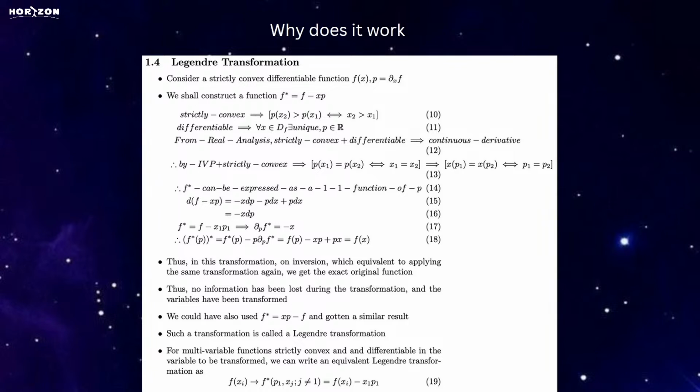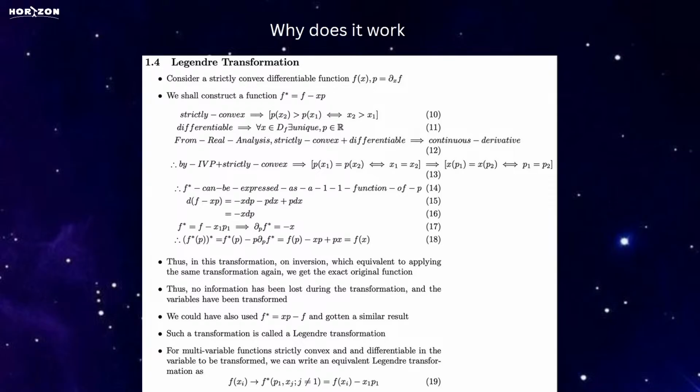And when we apply Legendre transformation, we are expressing the function in the form as it's written, f star equals f minus xp. And if I apply Legendre transformation on this function again, I get the original function once again. So that means on inversion, I am able to reconstruct the original function again.